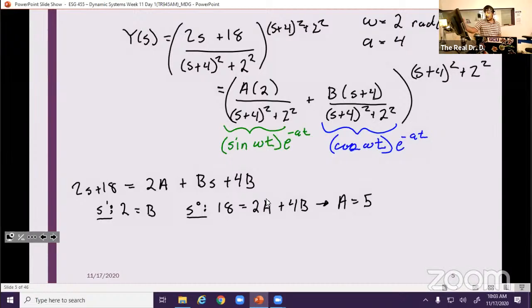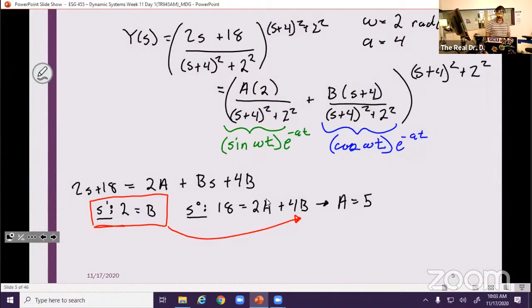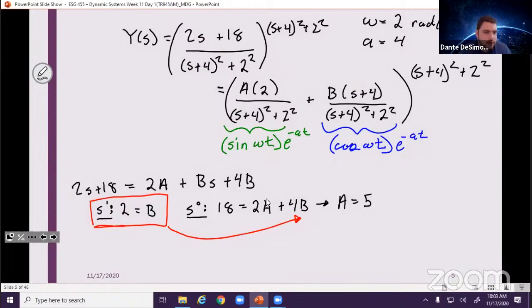So right off the bat, just from writing my equation out, I'm told what b is. Then I plug this in over here and I can solve directly for a, because 4 times 2 is 8, 18 minus 8 is 10, 10 divided by 2 is 5, so a is equal to 5. Thank you.